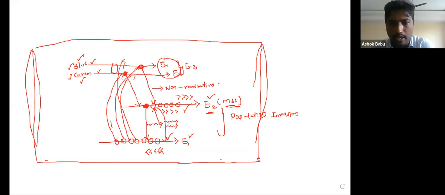Again, these two photons may be supplied to two more atoms in the metastable state, which absorb the photons and de-excite to the ground state again. So one is converting into 2, and 2 is converting into 4. In each transition, 2 photons are released.